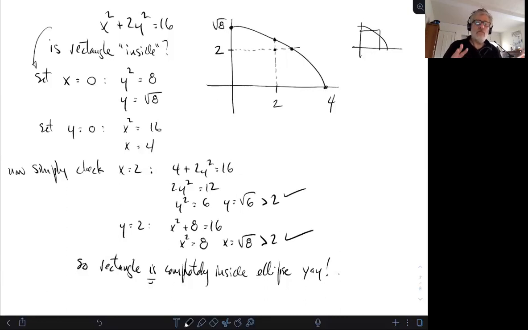Now what is the solid? The solid is everything above this rectangle under the surface. And so we've set up our integral. Hopefully you can visualize this. Okay, so let's write it out.